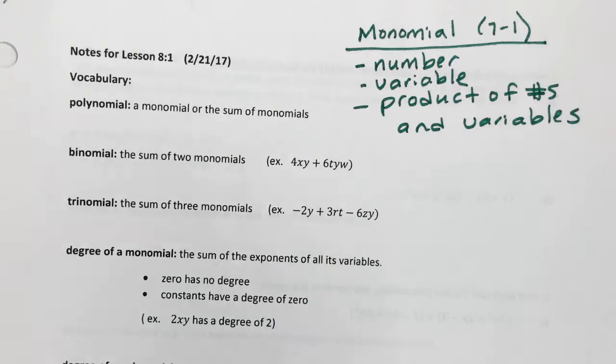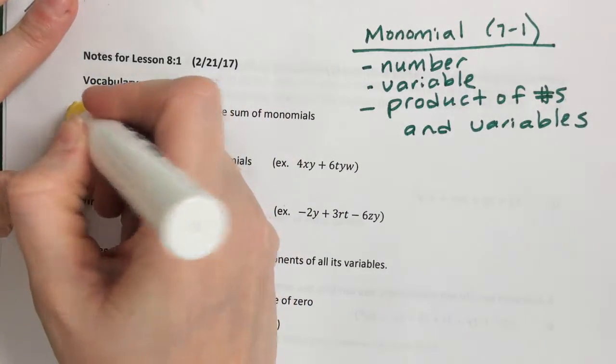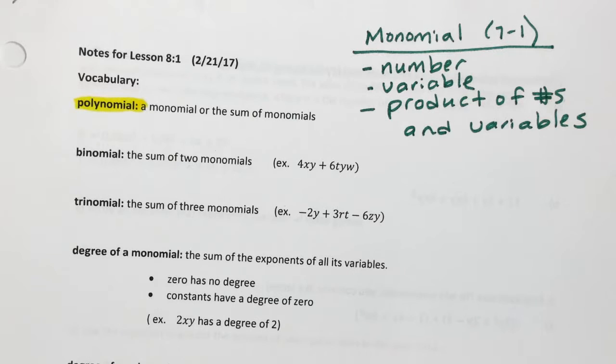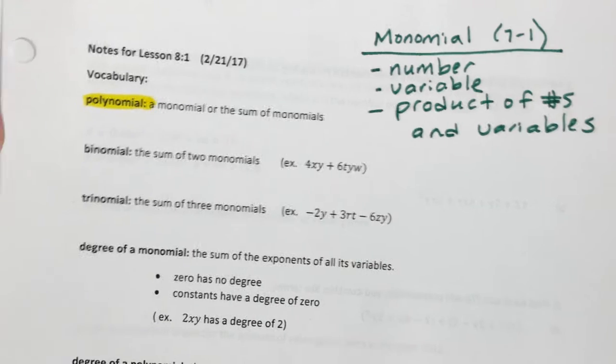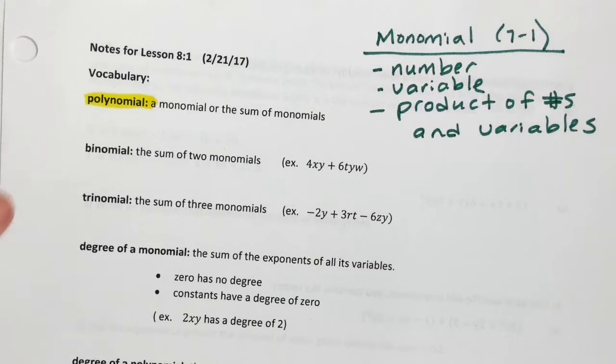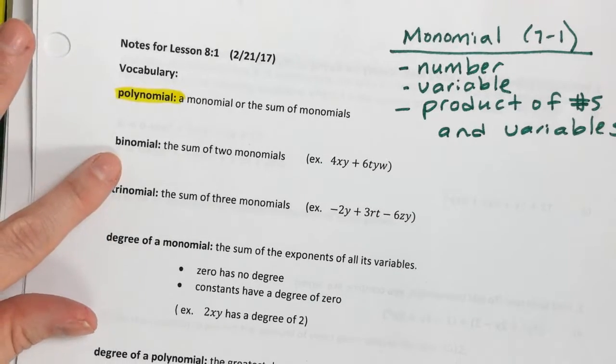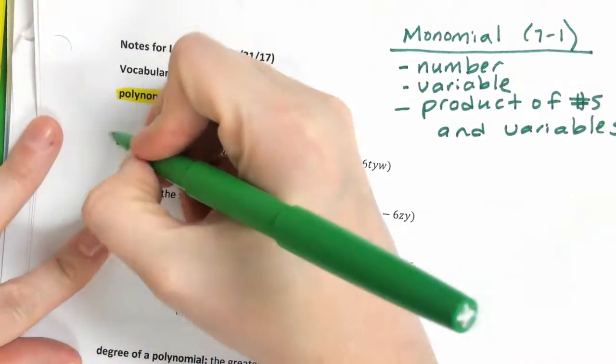First we have a polynomial. A polynomial is either one single monomial or a sum of several different monomials. Either one of those two things. Then we have two other terms right here, binomial and trinomial.